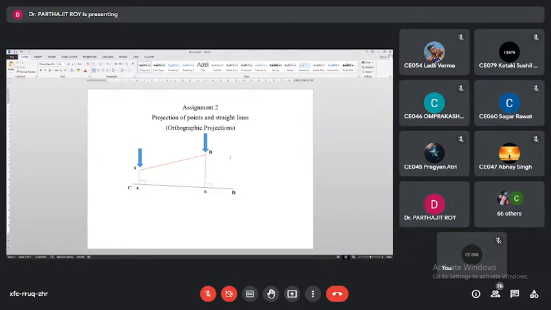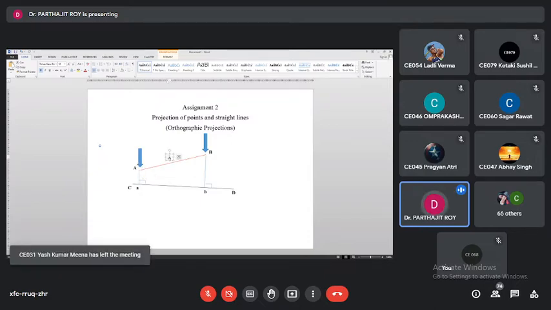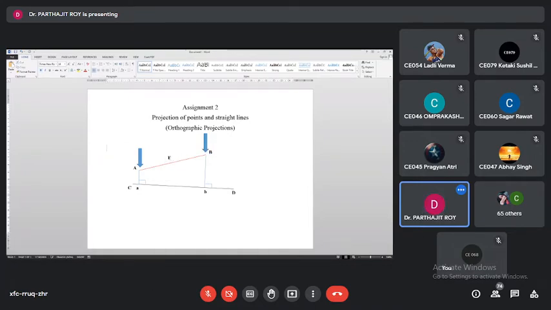Okay. For any in-between points, suppose I have an in-between point between the two ends A and B. Let me call this another point capital F. So obviously for the point F lying between points A and B, the projection will come in between the projection of A and the projection of B, isn't it?